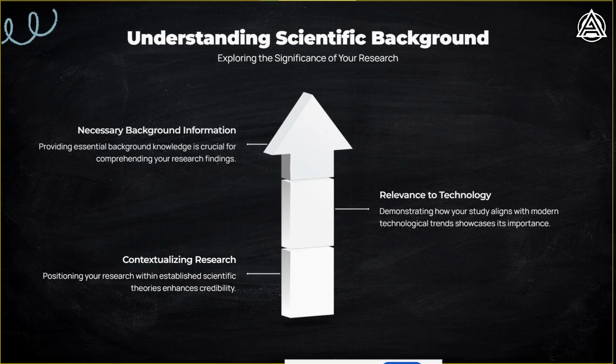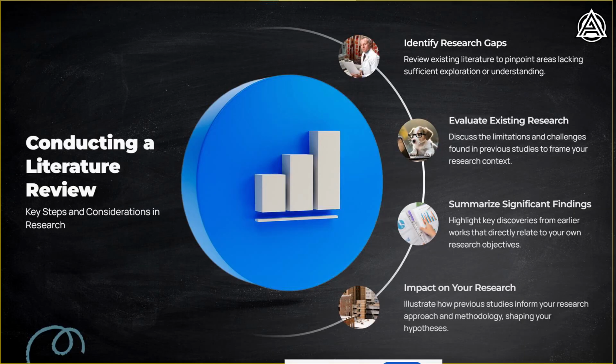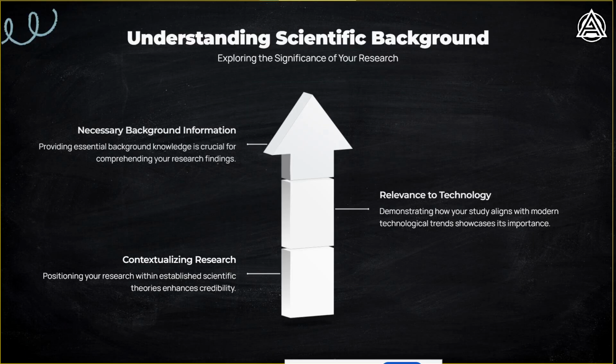Okay, there is a small difference between literature review and scientific background. Can anybody comment? Sir, I guess literature review is the summary of all the books, whether scientific or unscientific.